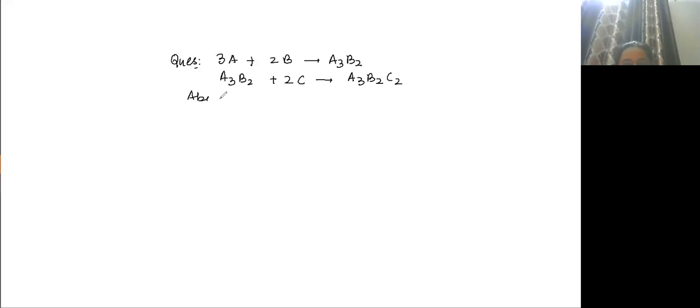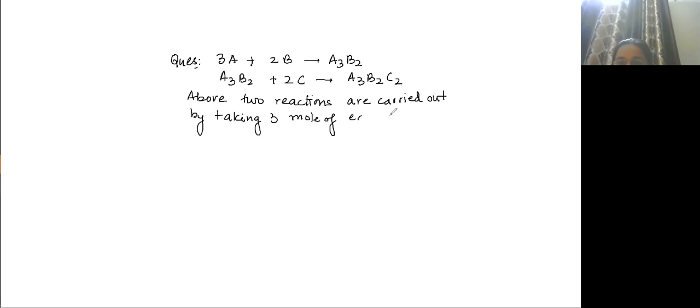Above two reactions are carried out by taking 3 moles of each A and B and 1 mole of C.